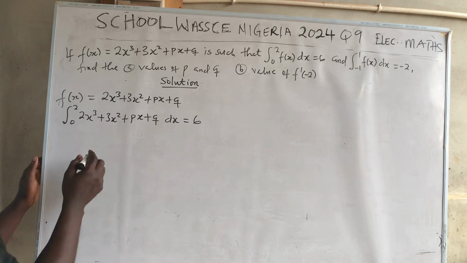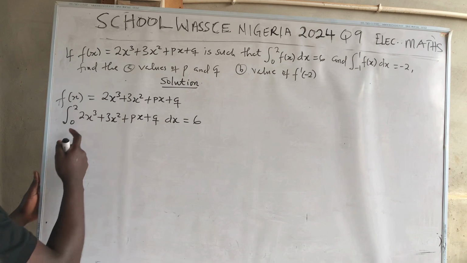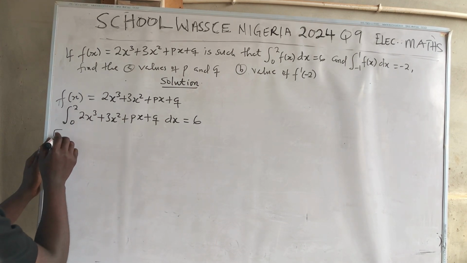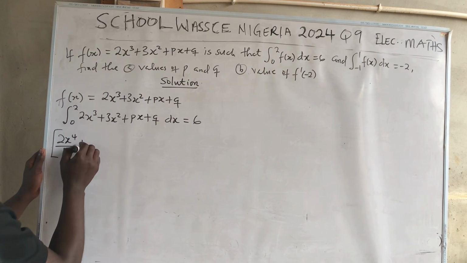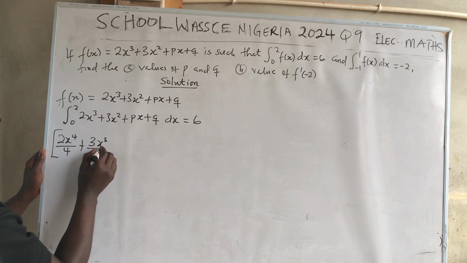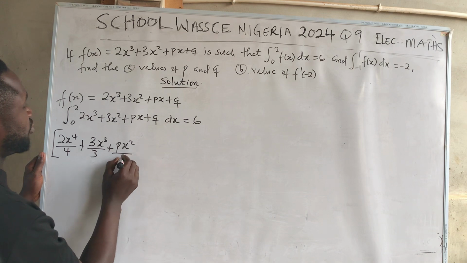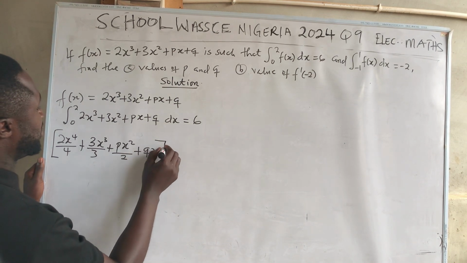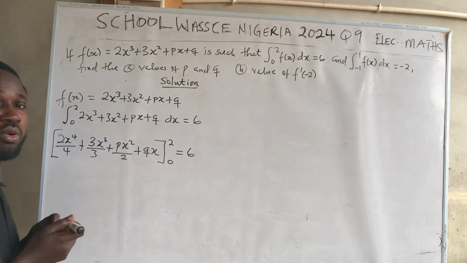Okay, so how do we integrate this? We add 1 to the power of x, and the result we get, we divide. Alright. So we are going to get 2x, 3 plus 1 gives us 4, all divided by 4, plus 3x cubed over 3, plus px squared also over 2, plus qx over 1, which is the same thing, with the limits 2, 0 to be equal to 6.